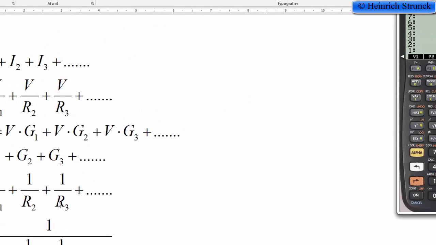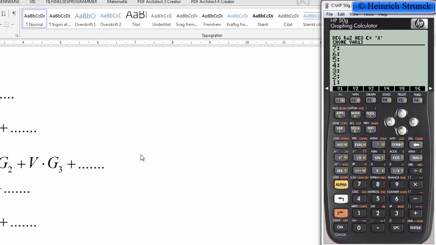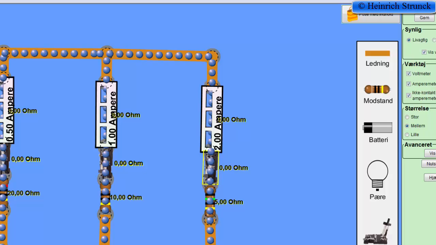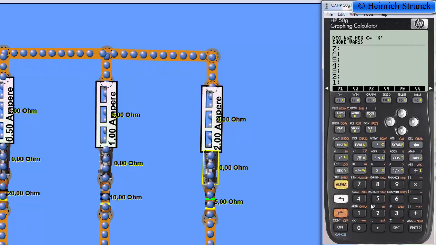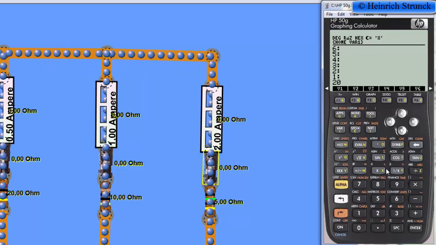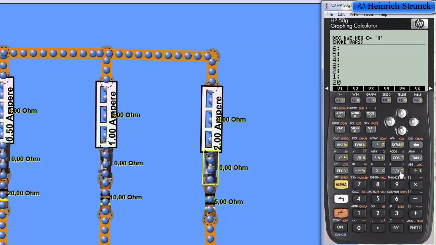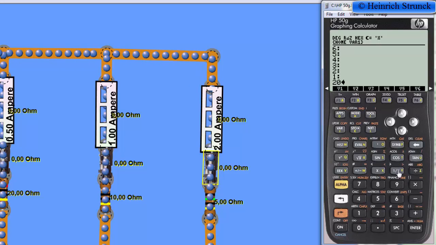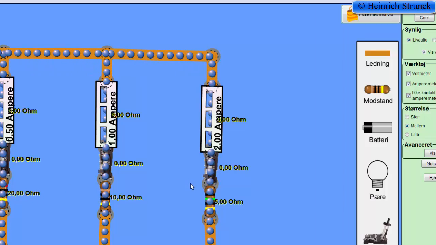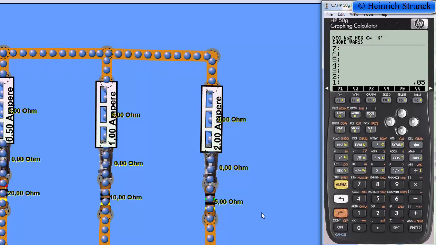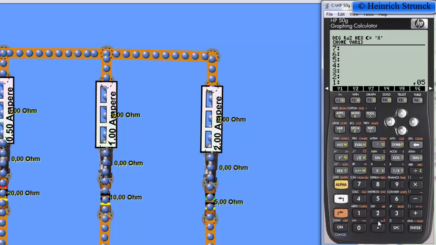Let's try to calculate the system. The first resistor was 20 ohm. So 20, and the key for reciprocal is above number 9, 1 divided by x. So 1 divided by 20 gives 0.05.